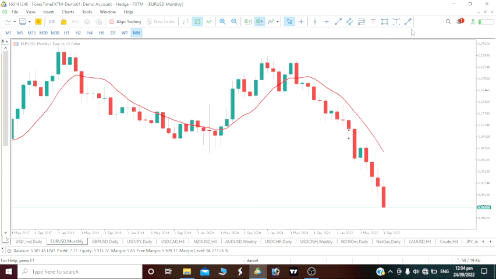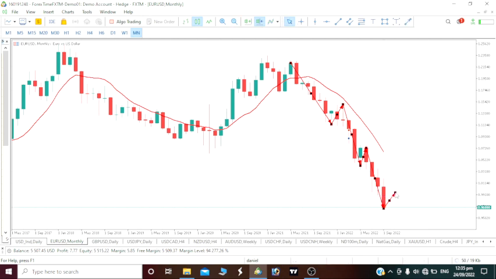Now take a look at this movement. Let's just make it fast: a movement down, a correction, another movement down, a correction on the monthly time frame. Now on this monthly time frame, we've had another movement down. We would be expecting a correction, right?